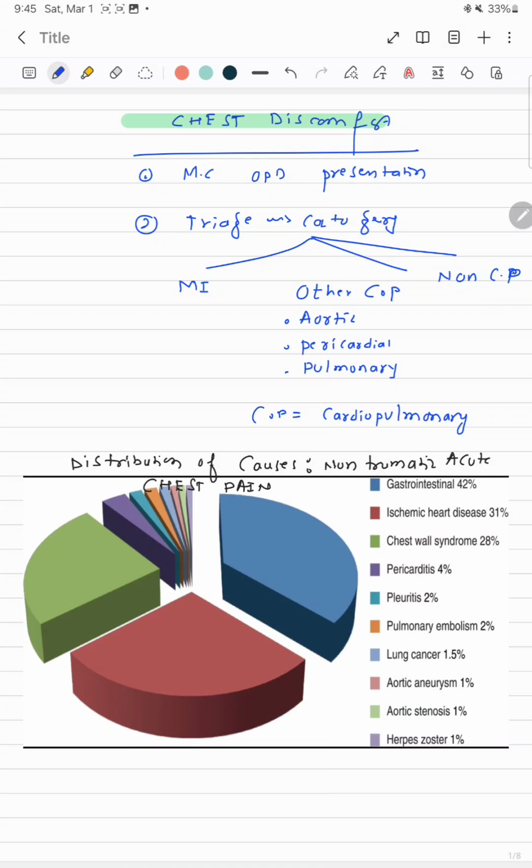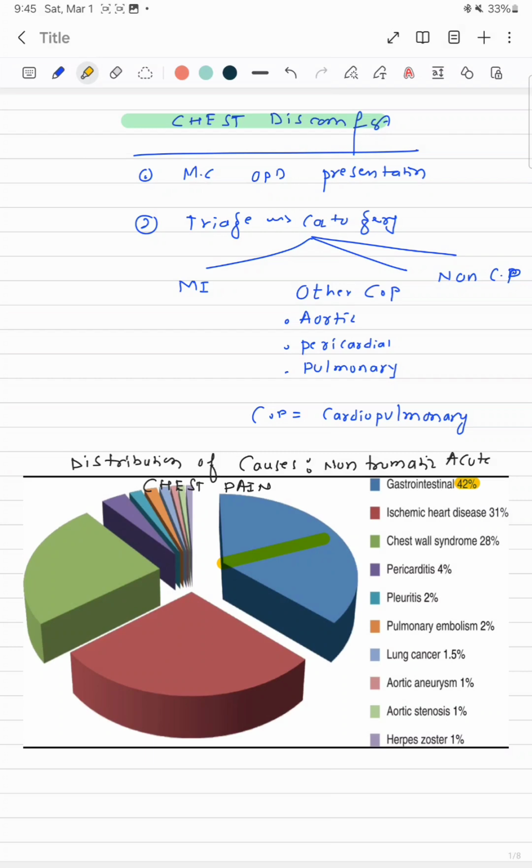If you see the epidemiological data, for non-traumatic acute chest pain, the distribution of its causes is as shown in this diagram. Gastrointestinal causes are more than 42%, which includes gastroesophageal reflux disease as well as esophageal spasm and peptic ulcer disease.